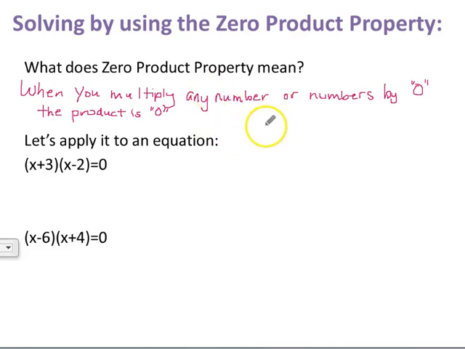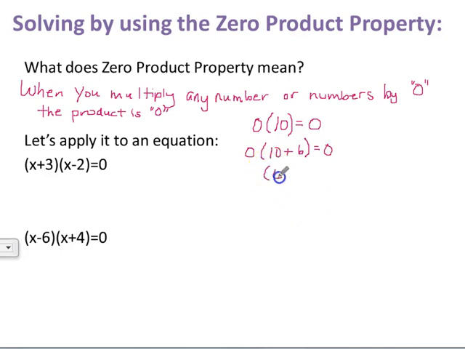For example, let's say that we've got the number 10. If we multiply it by 0, it's going to be 0, right? Or let's say we've got 10 plus 6 in parentheses, and because it's in parentheses, if we multiply that entire set of parentheses by 0, our answer is going to be 0.